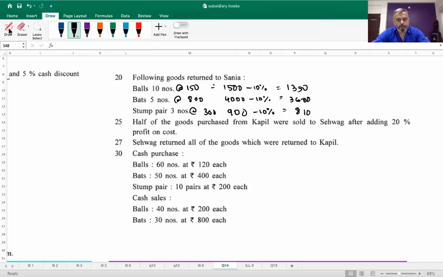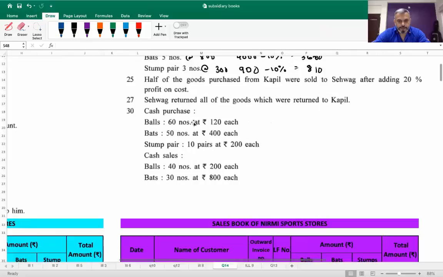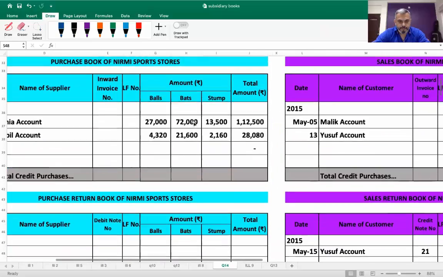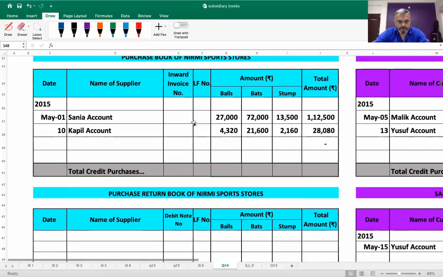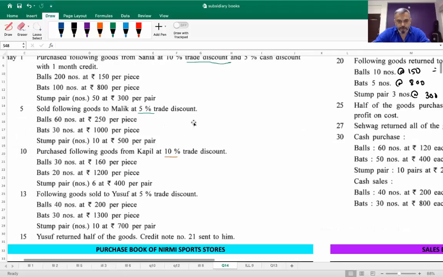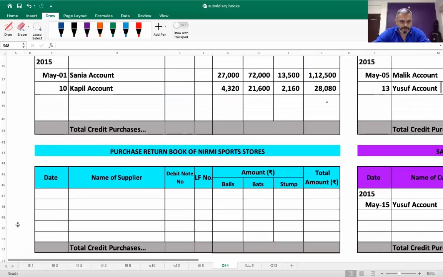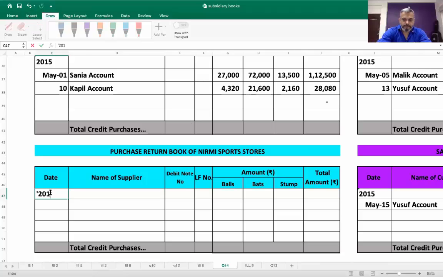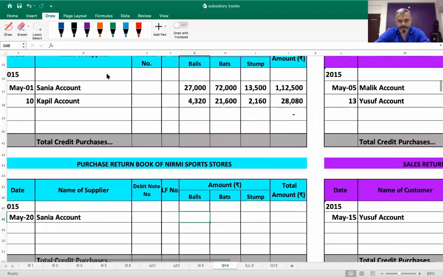So we go to now purchase return book 20th. Sanya account. No debit note number given. We have already calculated.